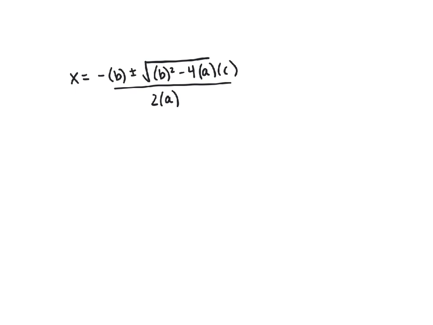I'm going to put things in parentheses, because when we put things in our calculator, it's really important that we put the numbers that we plug into the equation in parentheses. So I'm going to put parentheses around all the variables, and when you plug this into your calculator, you're going to want to put all of those variables in parentheses.